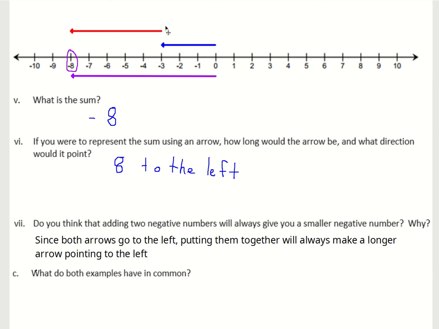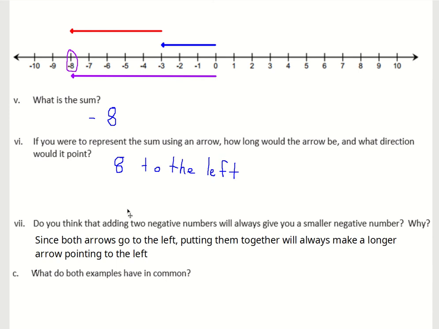So I could use my absolute values here to find how far away from 0 it is. And then I can say, since both of my numbers are negative, I'm always going to get a negative number. So I know that I need to change that to negative.